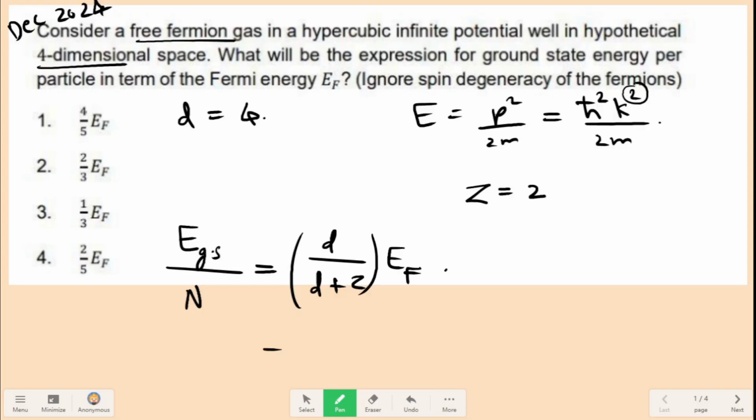Therefore, when we substitute these values, we get total ground state energy per particle equal to 4 divided by 4 plus 2 EF, which is equal to 2 by 3 EF.